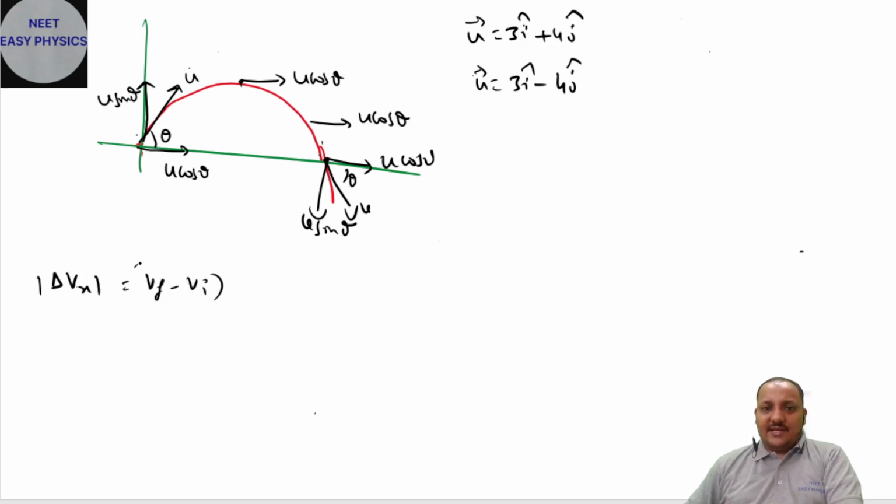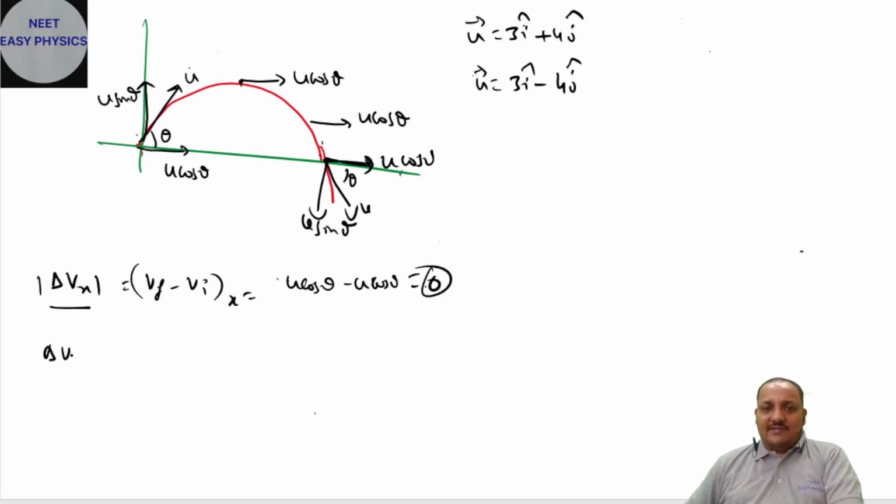Final velocity minus initial velocity along the x-axis. After reaching the ground, the horizontal final velocity is u cos theta, minus initial u cos theta. Therefore, it is going to become 0. The change in velocity along the x-axis is always 0.